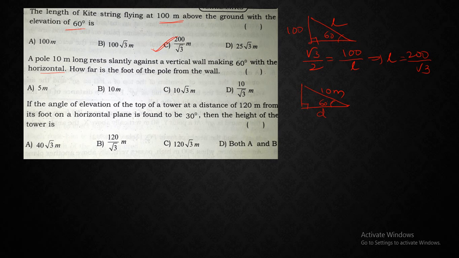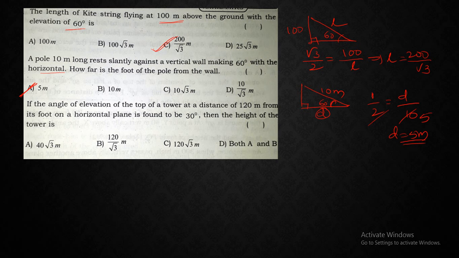He is asking about this distance. With respect to this angle, this is adjacent, so we need to apply cos theta. Cos 60 is 1 by 2, so 1 by 2 is equal to d by 10. In the 2 table, how many times? 5 times. So clearly d is equal to 5 meters.